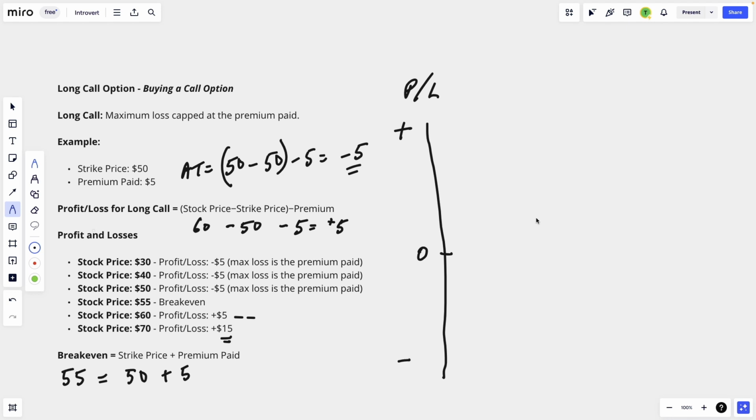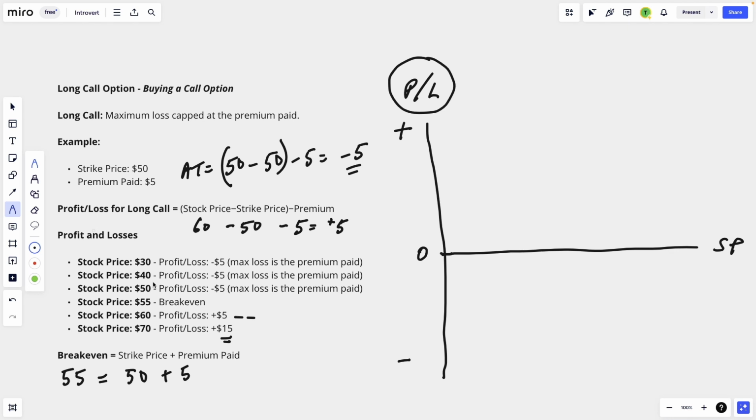And then on the x-axis, we have the stock price. So that is what the axes are for a profit and loss diagram. On the x-axis, you have the stock price, and on the y-axis, you have the profit or the loss.